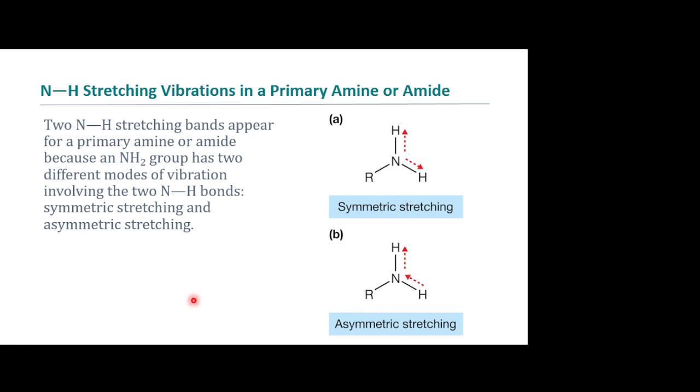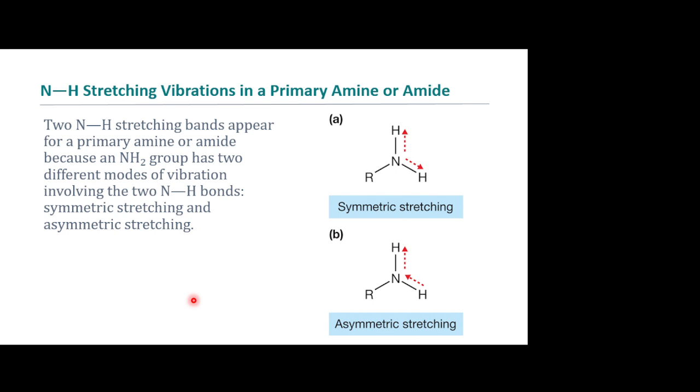So, the NH stretching vibrations in your primary amines or amides. Two NH stretching bands are going to appear for the primary amine or the amide because the NH2 group is going to have two different modes of vibration: symmetric and asymmetric. Only in cases of extremely high symmetry, which you all will probably never see, could we get these bands disappearing.